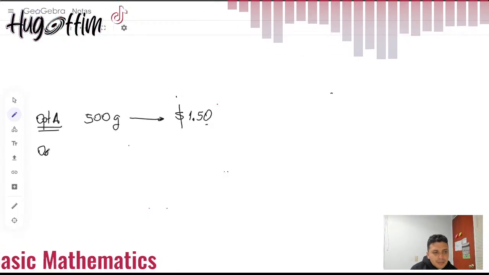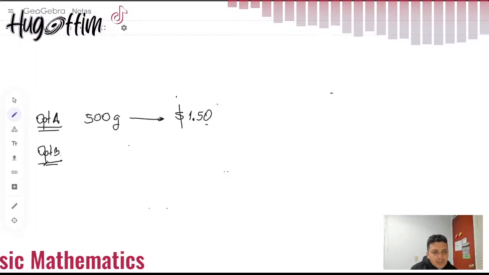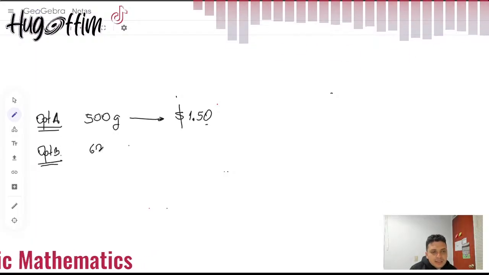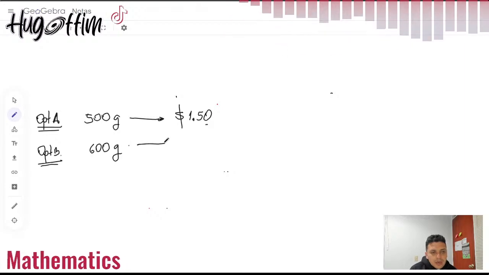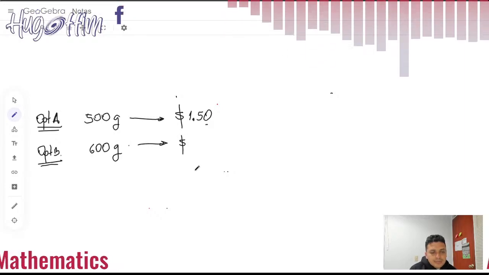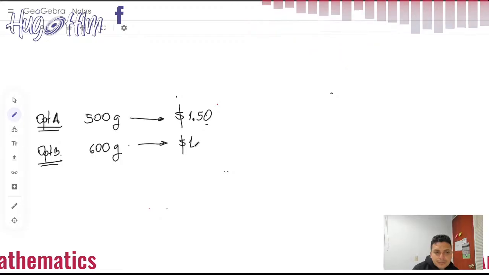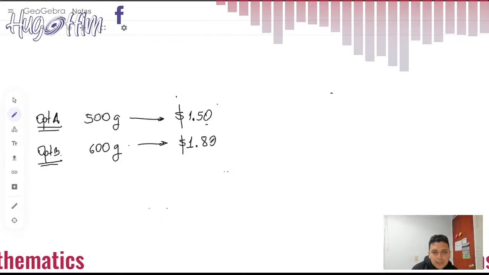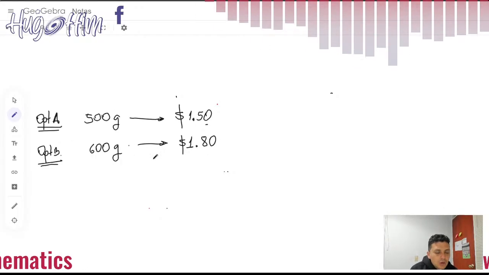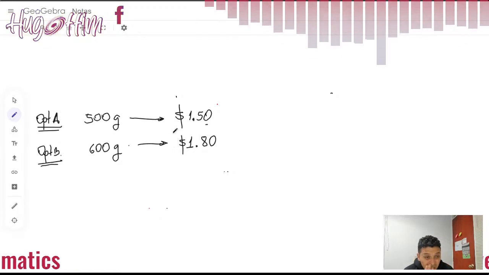And in option B, they tell you that 600 grams cost, I'm going to guess a number, $1.80. Let's say that you have these two options and you want to know which one is the better buy.